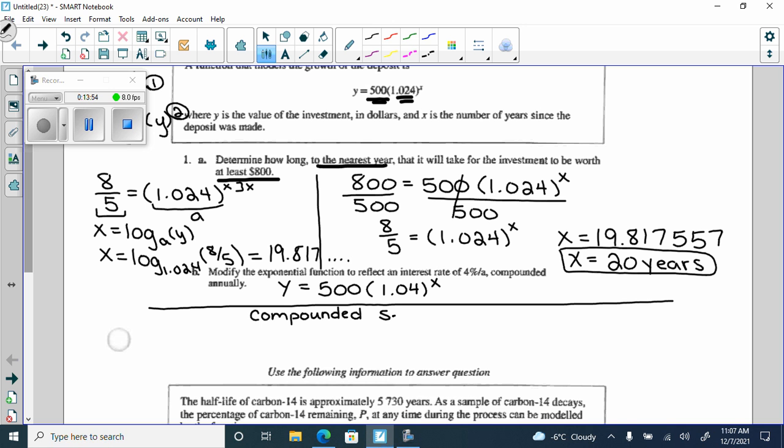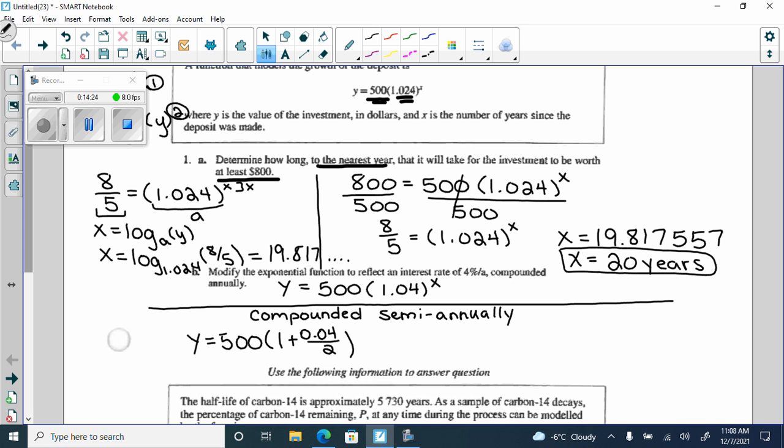Now, what if I change this up again and I say compounded semi-annually? So it's still going to be 4%. That's not changing, but I'm compounding it semi-annually. How is your equation going to change? We're going to get y equals 500. That's not going to change. But we're going to get 1 plus what? 0.04 divided by 2.